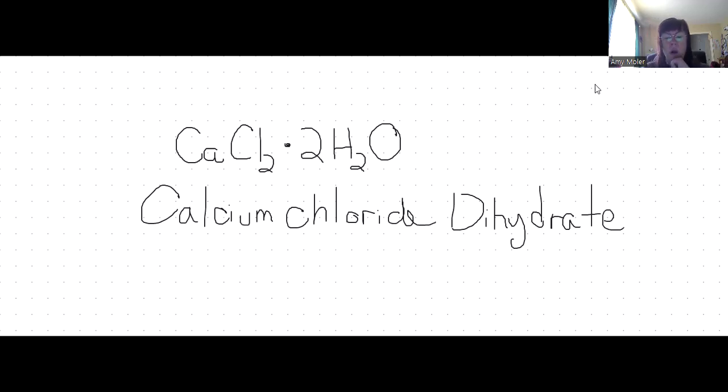So calcium chloride dihydrate indicates to you that first you have an atom of calcium or a molecule of calcium chloride, but the dihydrate is the indication that there are 2 water molecules attached to it. We're even going to do a full and complete lab that is attached to the idea of hydrates. We are going to dehydrate things and figure out what number of water molecules used to be attached. So we're going to dive into this more in the upcoming weeks.